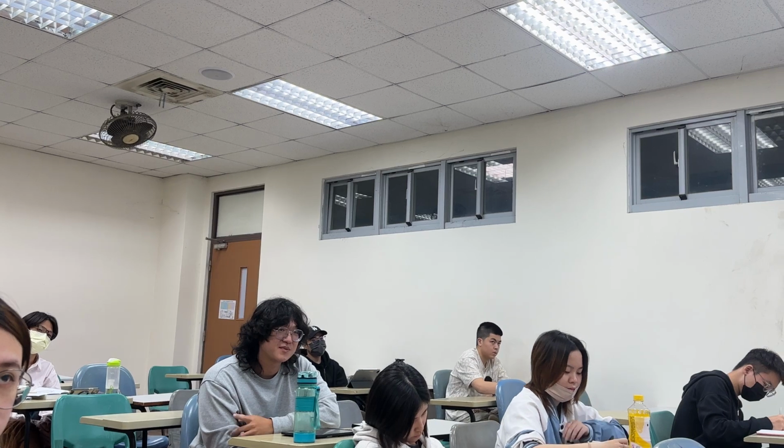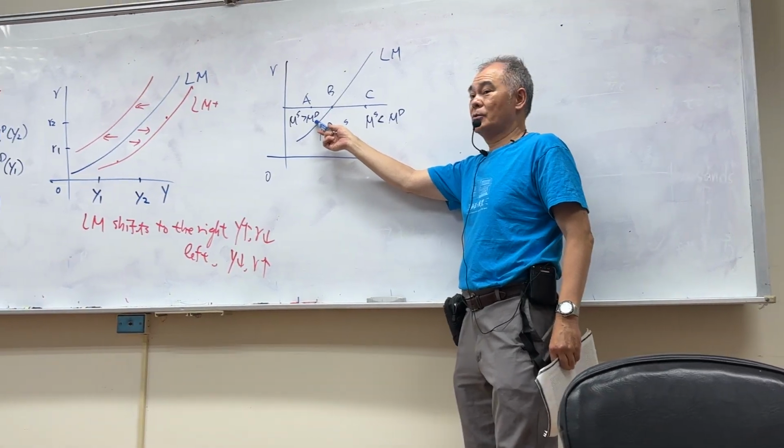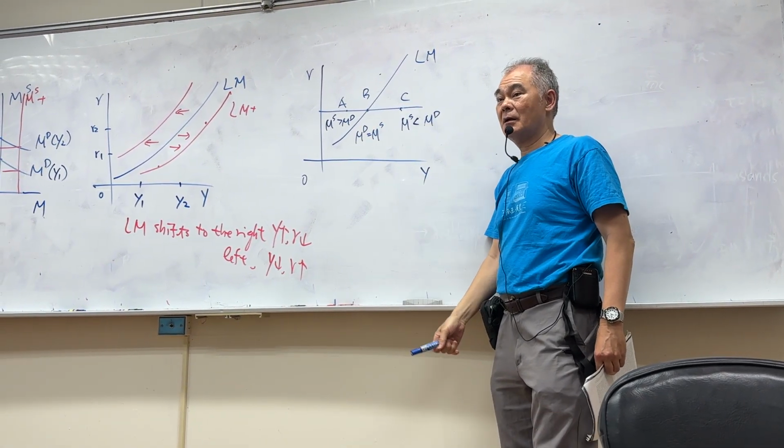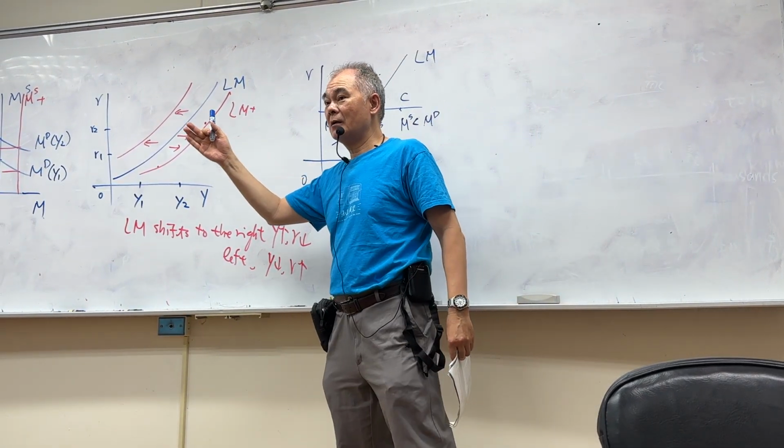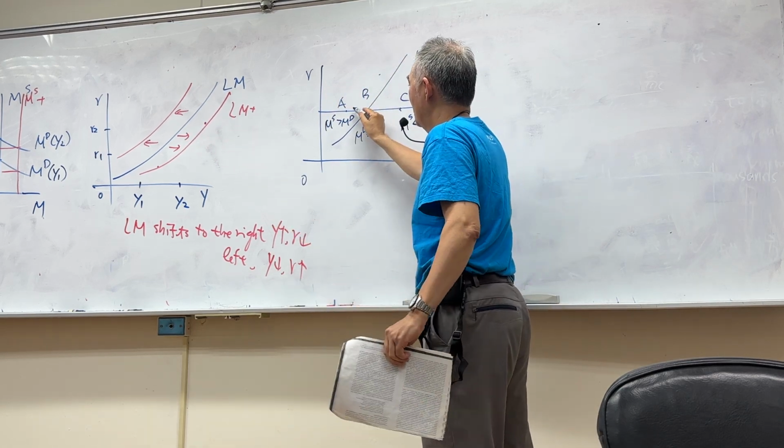More money, you are happier, right? Only two directions, up or down. Because here, money supply is equal to money demand, and generally if there's more money, the economy is going to go up. So go up here.